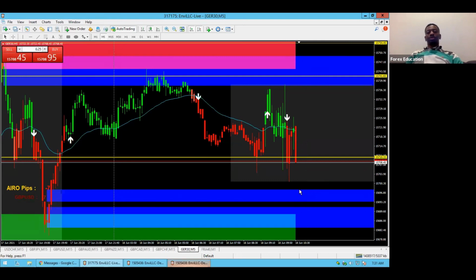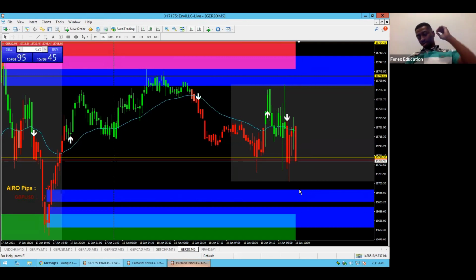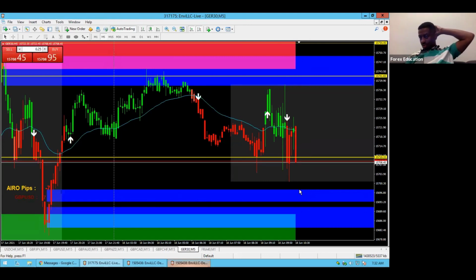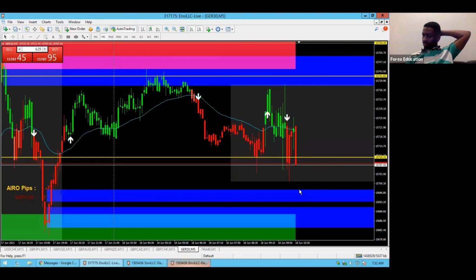All right, German 30 coming out of the Asia channel with a bearish engulfing. Strong bearish engulfing.